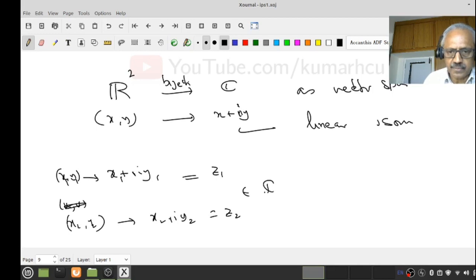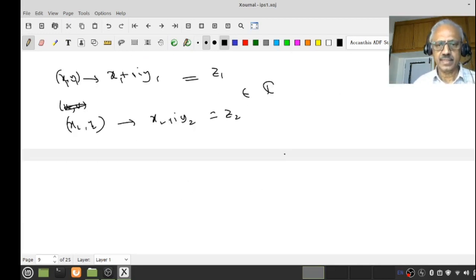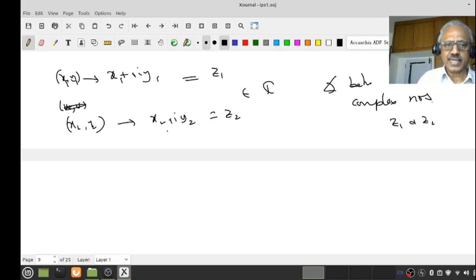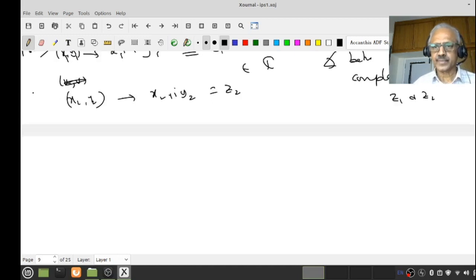These are in C now, right? Now therefore what I want to know is the angle between two complex numbers. Notice that I am assuming these are non-zero vectors, that is okay, right?